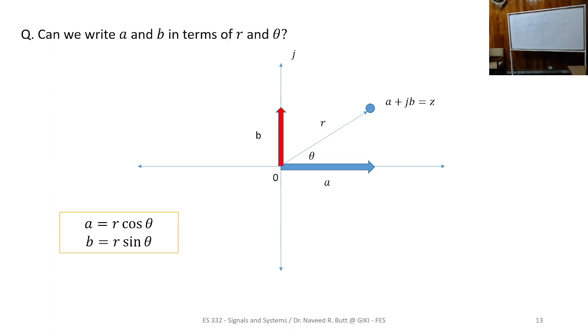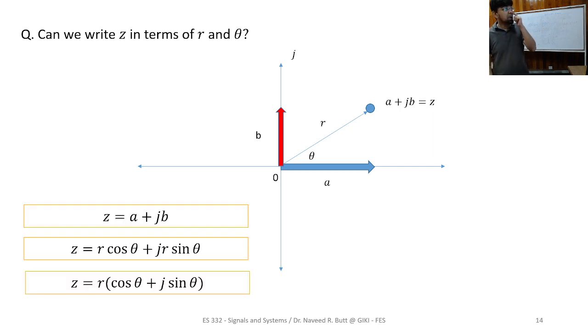Can you find a and b? Yes. Again, trigonometry, basic projections. If you know r and theta, then a and b are simply projections of r onto the real axis and imaginary axis.